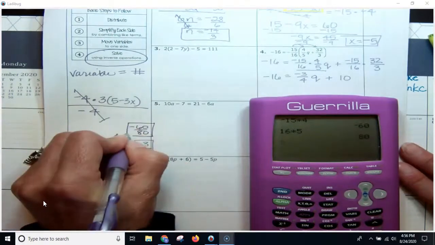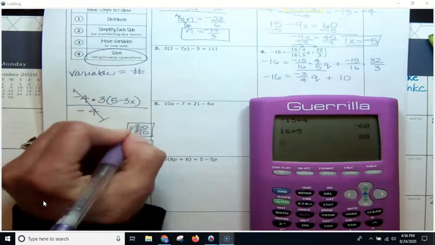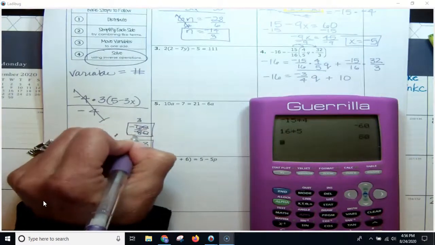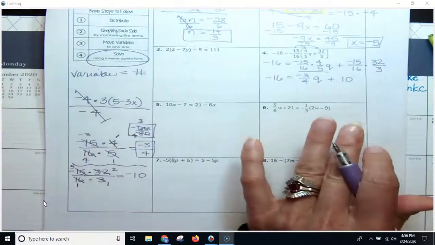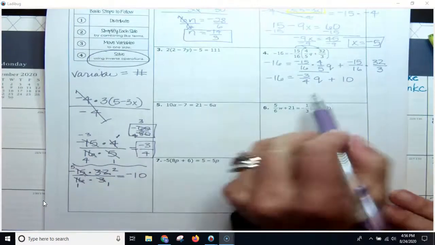And you will see that if you reduce these fractions, 20 goes into 60 three times, 20 goes into 80 four times. So it's the exact same as if you were to multiply it. It just is smaller numbers and makes it easier. So practice with this way of doing it. It really just takes practice.